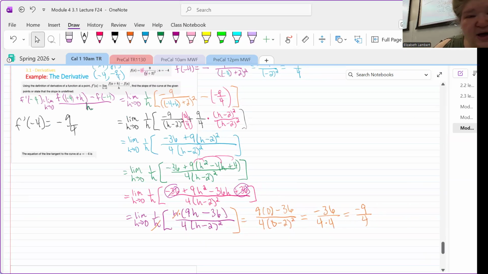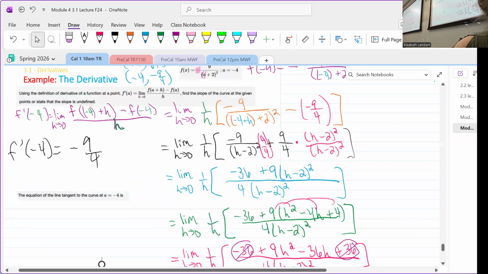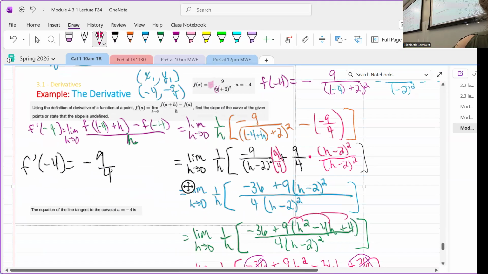All right, so we did all that work, but we're not done. We still got to find the equation of the tangent line. Now remember, we had that work at the beginning. That was our ordered pair.